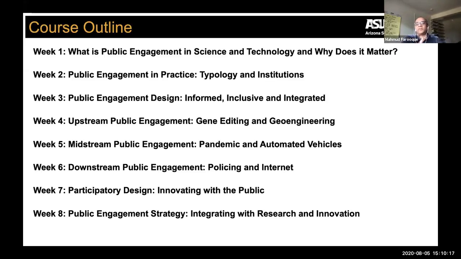So how do we do all of these together? And finally, the last piece is the integration. How can we come up with a strategy so we can not just talk about these things, but do it in a way that avoids those failures that I talked about, the missed opportunity failure and also the public value failure.